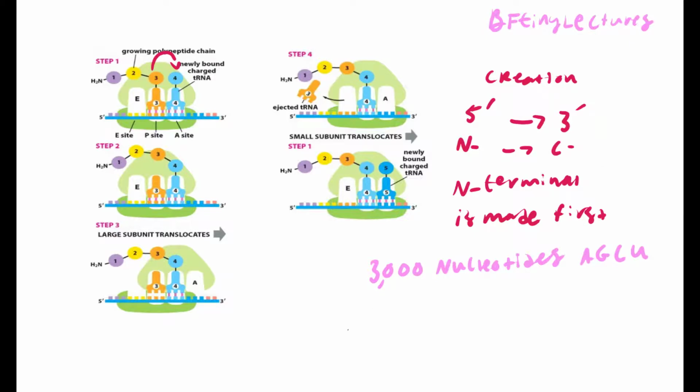Well, notice that an anticodon requires 3 nucleotides. Therefore, since we have 3,000 nucleotides, if we divide them by 3, we can get 1,000 amino acids. And so you'll often see that on exams and stuff, right? So if you had 1,500 nucleotides, you can only make 500 amino acids.